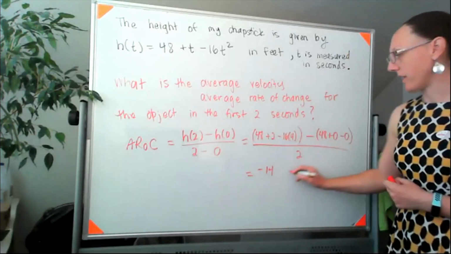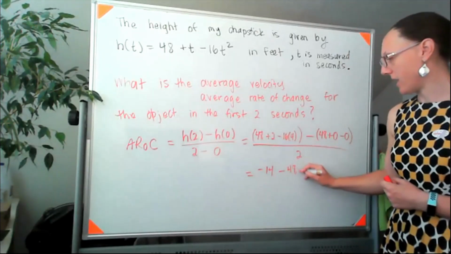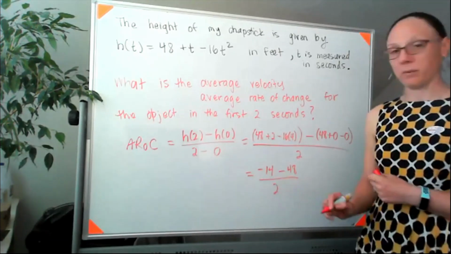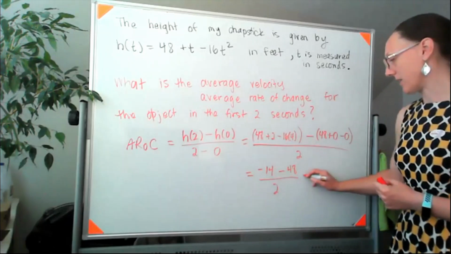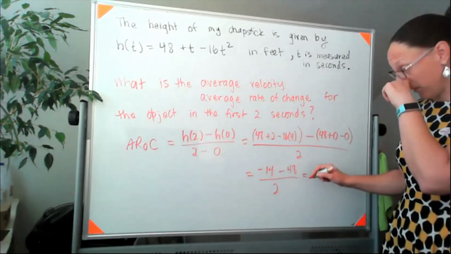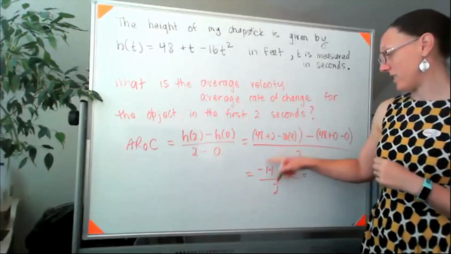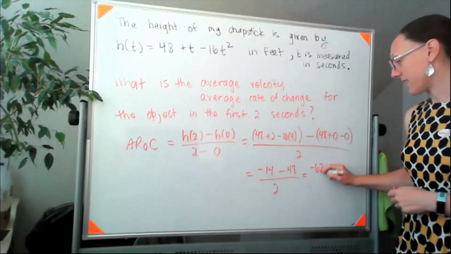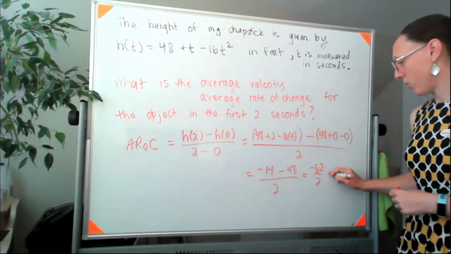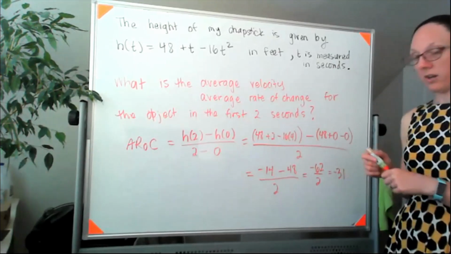And then minus 48. We'll divide the whole thing by 2. So negative 14 minus 48, putting those together, that's just 62. So I've got negative 62 over 2, or negative 31.